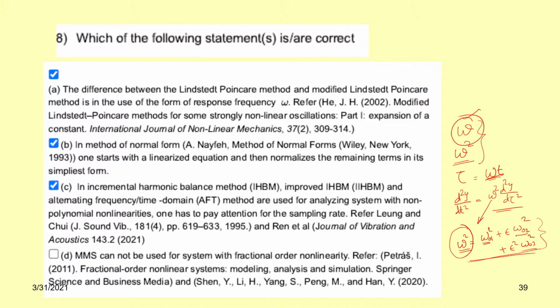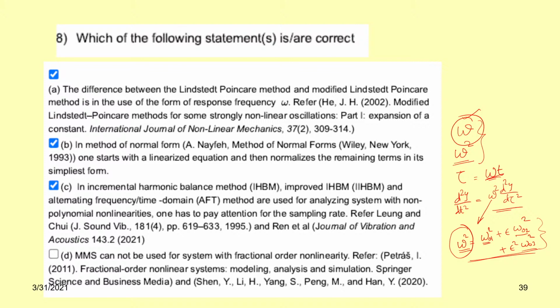In the method of normal form, there is a book by Nayfeh that you might have followed. One starts with a linearized equation and then normalizes the remaining terms into the simplest form. The third one: the incremental harmonic balance method, that is IHBM, the improved incremental harmonic balance method, that is IIHBM, and the alternating frequency time domain (AFT) method are used for analyzing systems with non-polynomial nonlinearities.